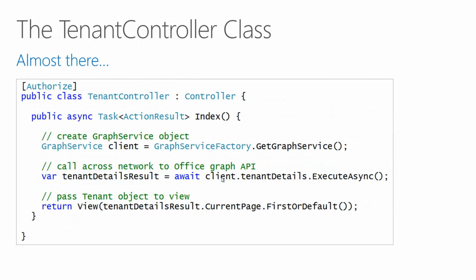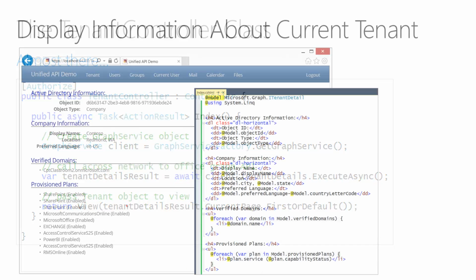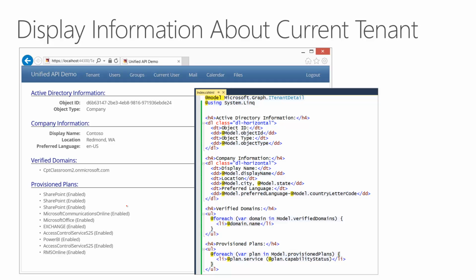And once we get this particular method inside there, I'm going to call ExecuteAsync. Note that I want to pause synchronously for the response to come back, so we're going to use the await keyword. And then we'll just take this and pass it off to our view. And here's just an example of a view that I have with various things inside there.